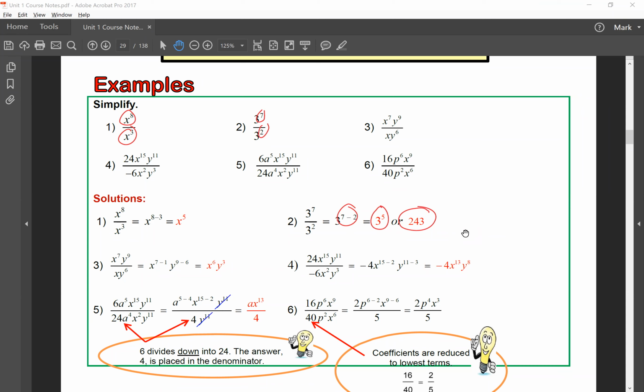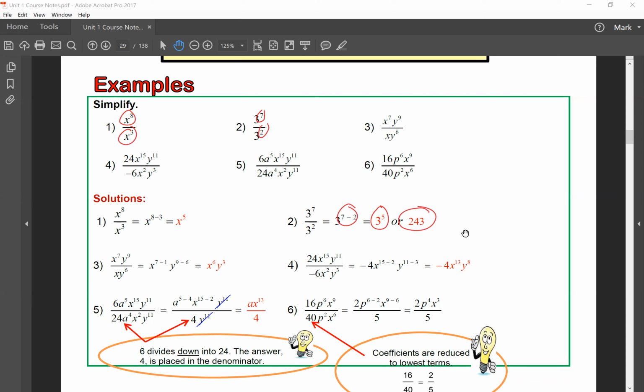Number 3 is a good example of how the bases need to be identical. I have X and Y in this equation, and we cannot combine them. They're different. X and Y we call variables. They could stand for completely different things. So I can't combine them.